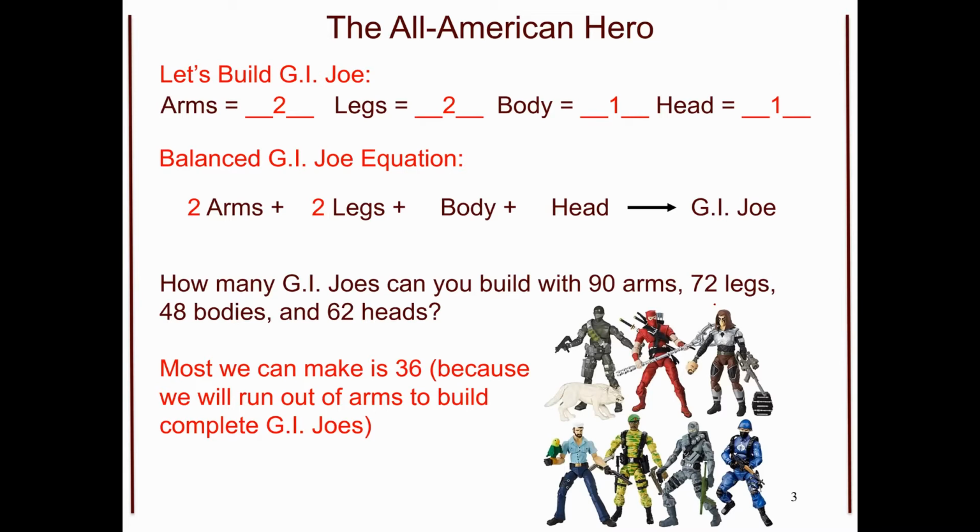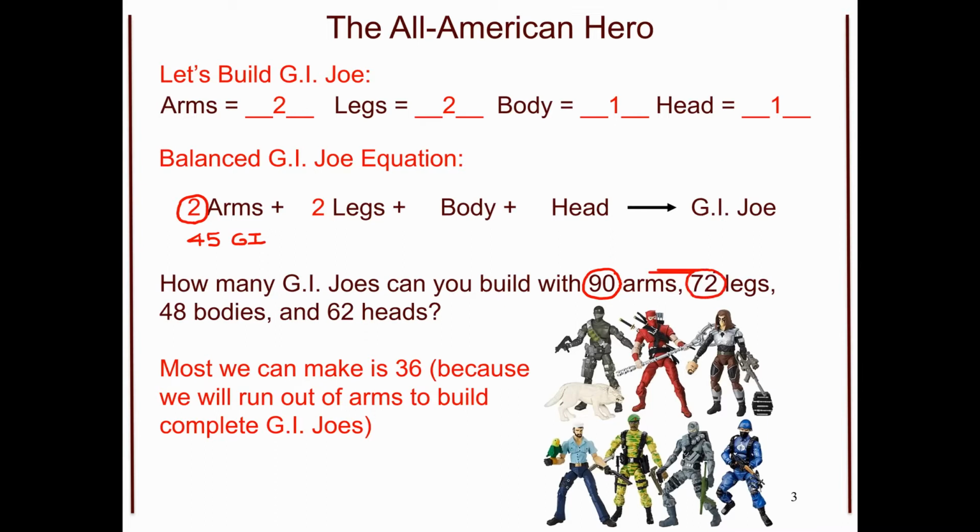So notice that if I have 90 arms and I go back and look at my balanced chemical equation, I need 2 arms for every GI Joe. That means just on arms alone, I could go and build 45 GI Joes. Well, now let's go ahead and look at the legs, and you will see that I have 72 legs.